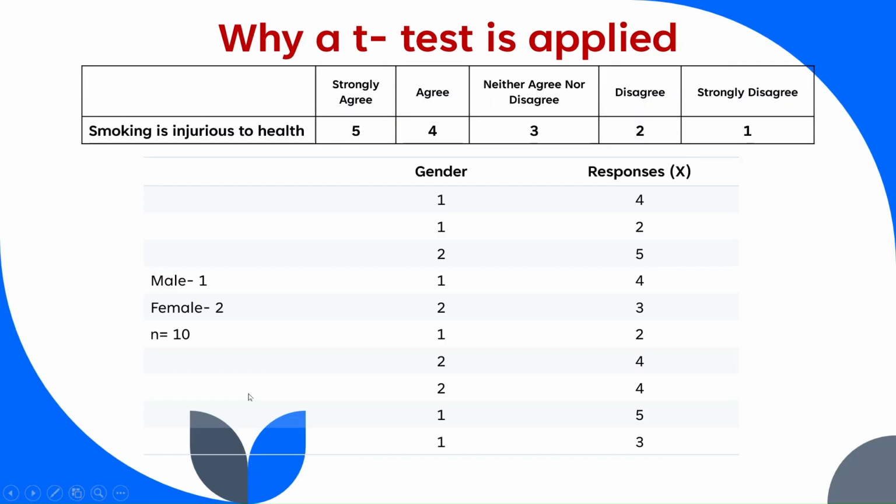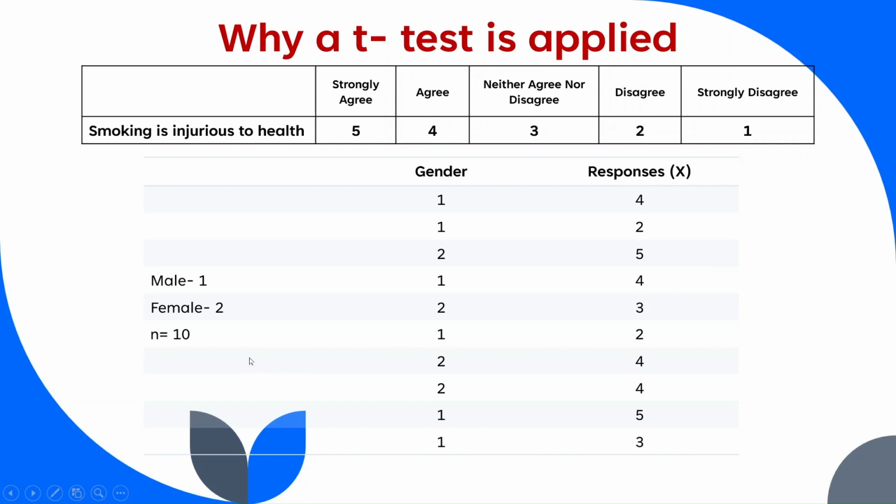Let's understand why a t-test is applied with an example. Say you have 10 respondents from whom you want to know their opinion on the statement "smoking is injurious to health." The responses were taken on a 5-point Likert scale consisting of five points: strongly agree, agree, neither agree nor disagree, disagree, and strongly disagree.